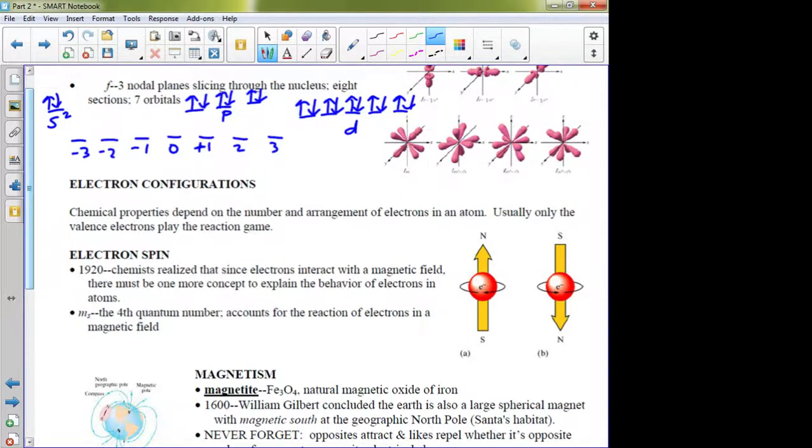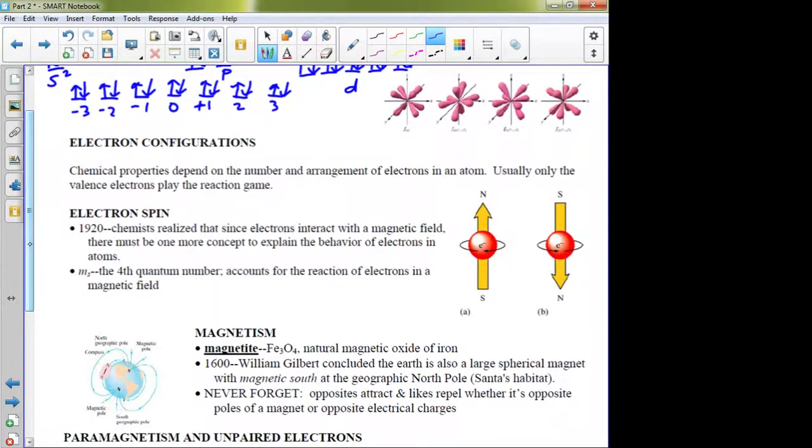And then of course we just drew out F. How many different orientations of that one? 7. So how many is the maximum number of electrons I could find in F? 14, right? 1, 2, 3, 4, 5, 6, 7, 8, 9, 10, 11, 12, 13, 14. This is coming back to us a little bit.